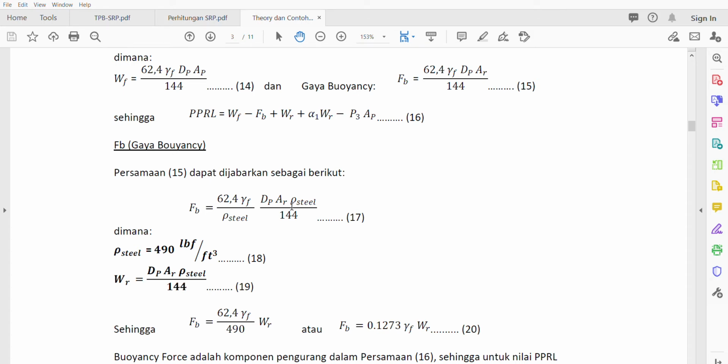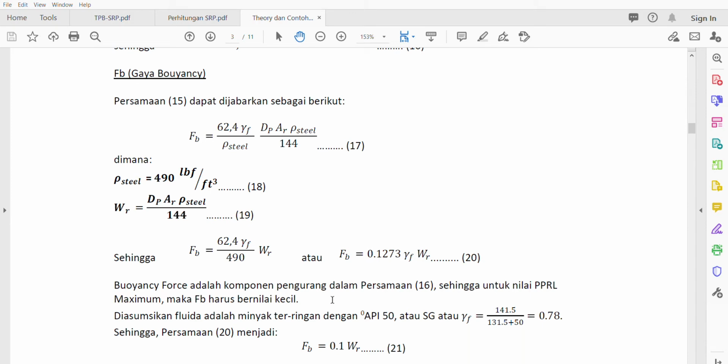The rest of it is the buoyant. So the buoyant becomes this equation. So this is the buoyant force, and this is the weight of the rod. Remember that the weight of the rod is this equation, so it becomes this equation.